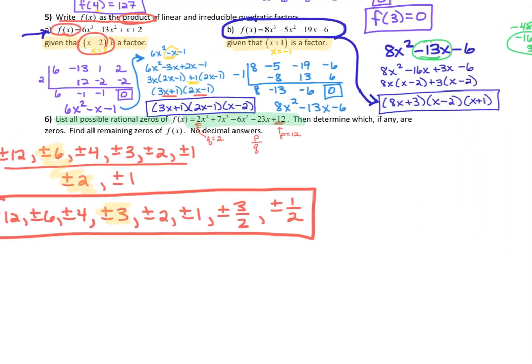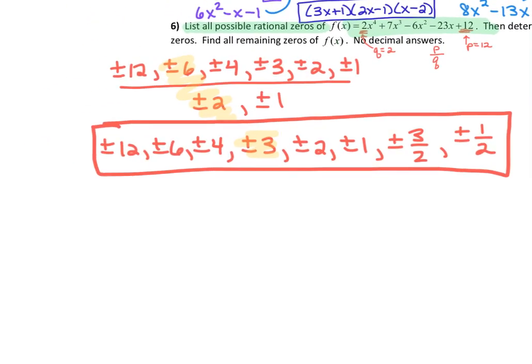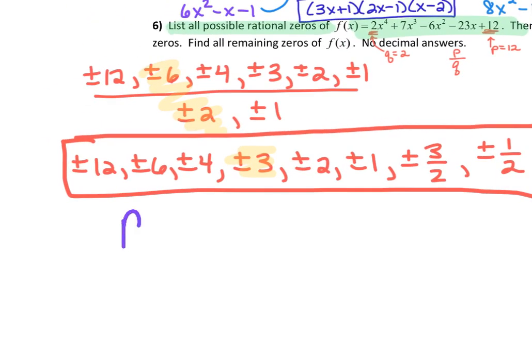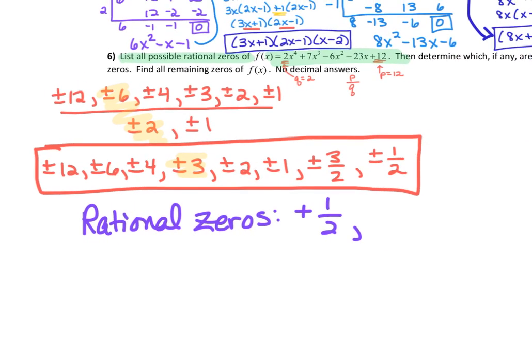Now, when you look at the graph, you see the rational zeros, I'm going to change colors here. So we have determined that the actual rational zeros, or the rational roots, are positive 1/2 and negative 3, because the graph has x-intercepts at those two rational numbers.